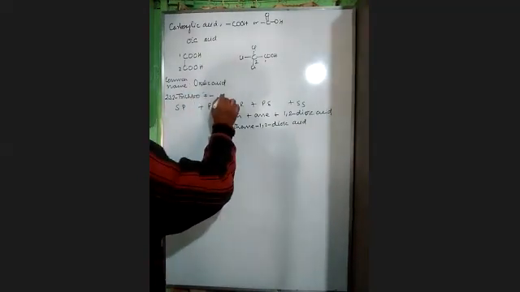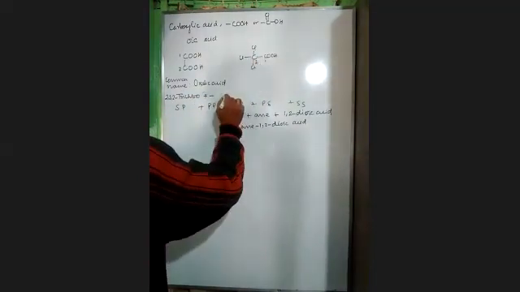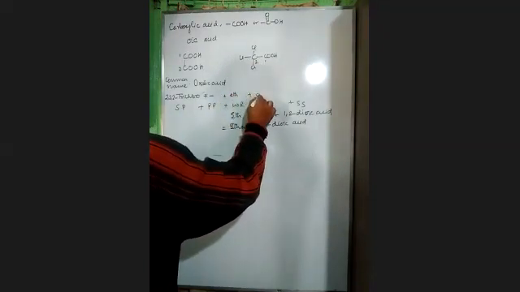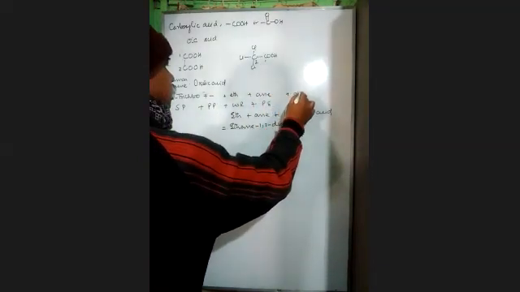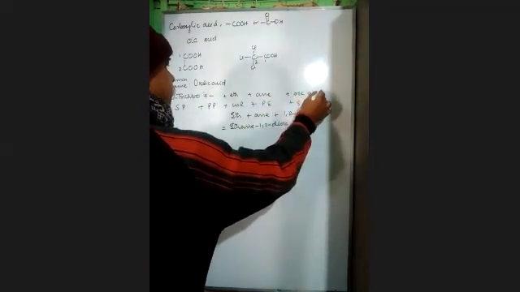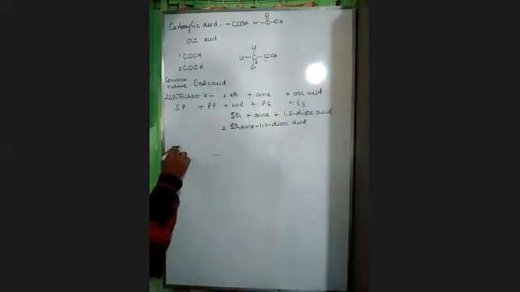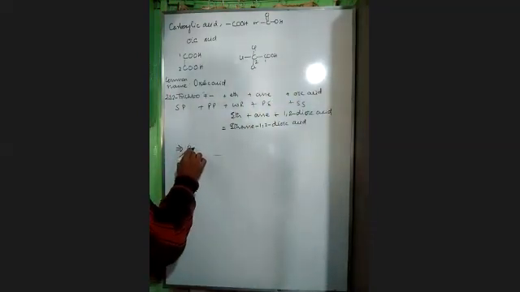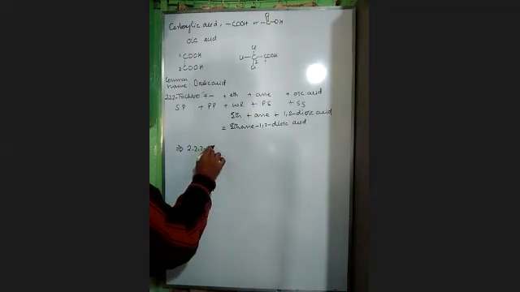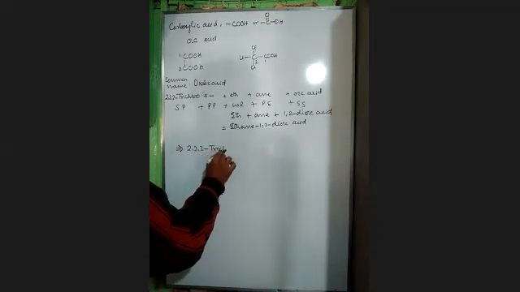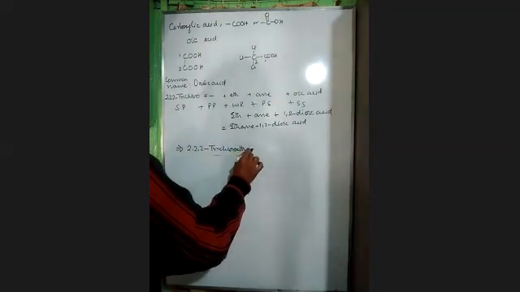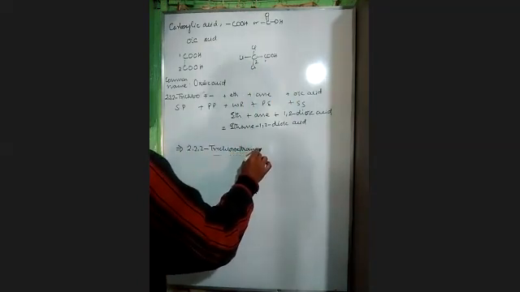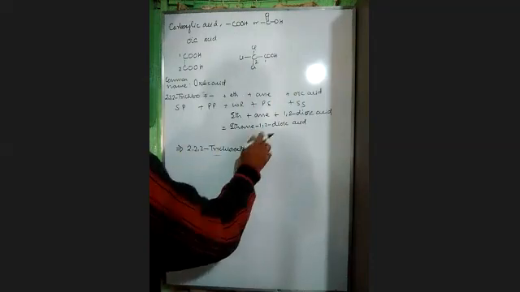This is not cyclic. 2 carbons are there, ETH, ANE plus OIC acid. The name is 2,2,2-trichloroethanoic acid. Wait, E is not here. See here.